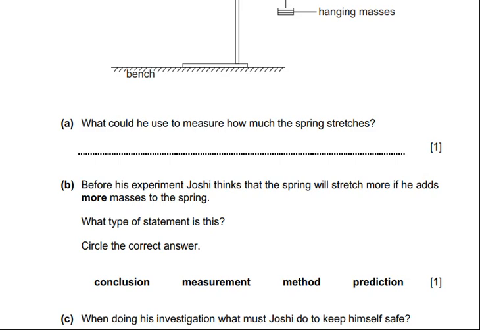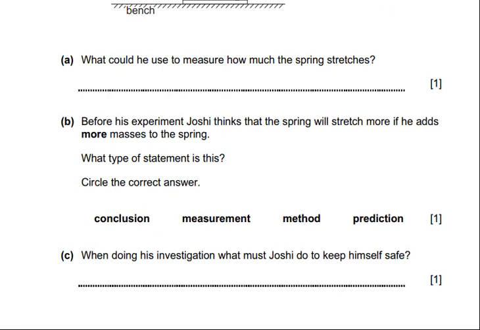Circle the correct answer. So you just circle one of them. Conclusion, measurement, method, prediction. Of course, to know what type of statement this is, we need to look at the sentence and look for words such as think, believe, or predict.